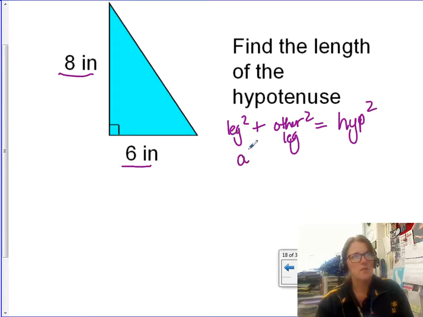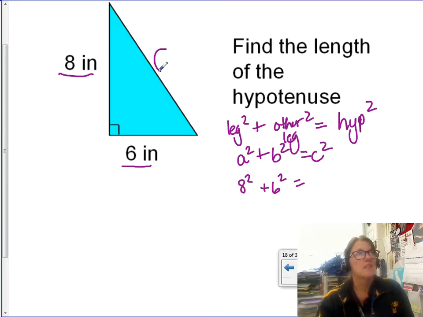In other words, a squared plus b squared equals c squared. Now which one is a? Doesn't matter. Just pick one of them. So I say 8 squared plus 6 squared equals c squared, I'm finding this, so that's my variable.